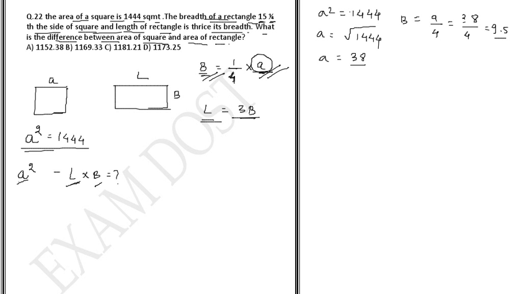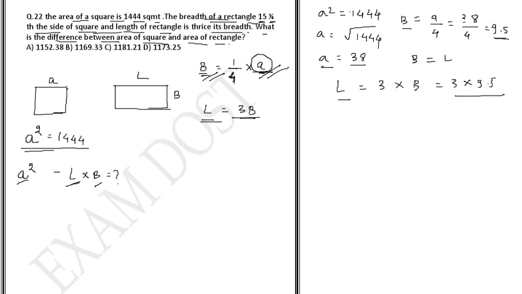Now since you have breadth, you can calculate length also, because length is equal to 3 into breadth. So length is equal to 3 into 9.5. Now we have length, we have breadth, which is 9.5, and we have A also.